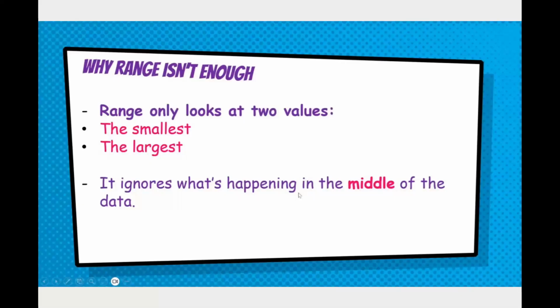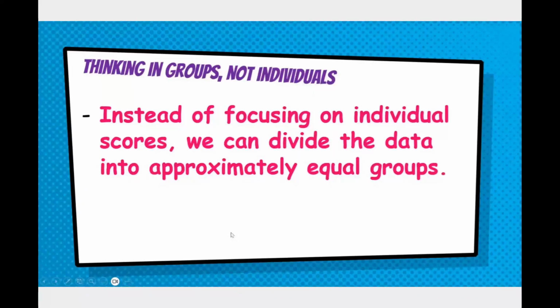We also want to know what's happening in the middle, because that's important. So we need something better than just the range, but the range is good for telling us how big the overall spread is.